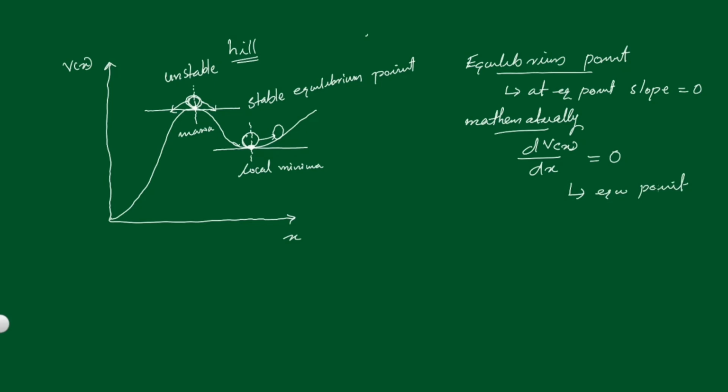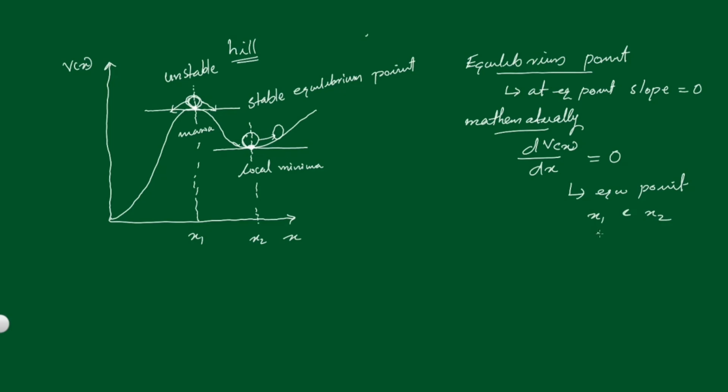Here the slope at this position, x1, and at this position, x2, both have a 0 slope. So x1 is an equilibrium point and x2 is an equilibrium point.